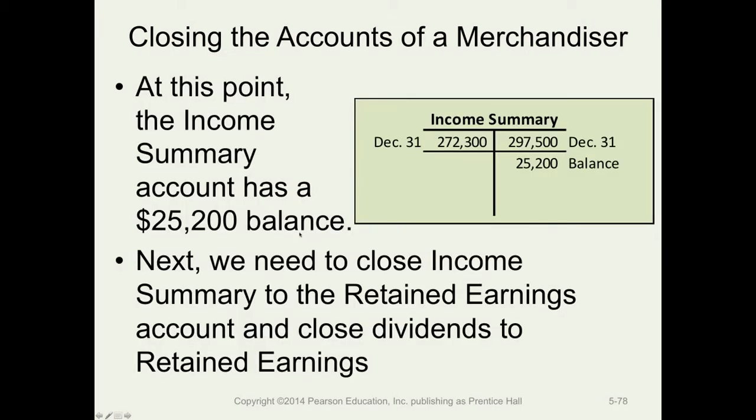And at this point, the income summary account in this illustration, when we close the revenues, we debit the revenues, we credit income summary. When we close the expenses and the contra revenues, we debit income summary and credit those items. So these are expenses and contra revenues. And the balance is going to be the net income or net loss for the period, which will have to be closed to retained earnings.